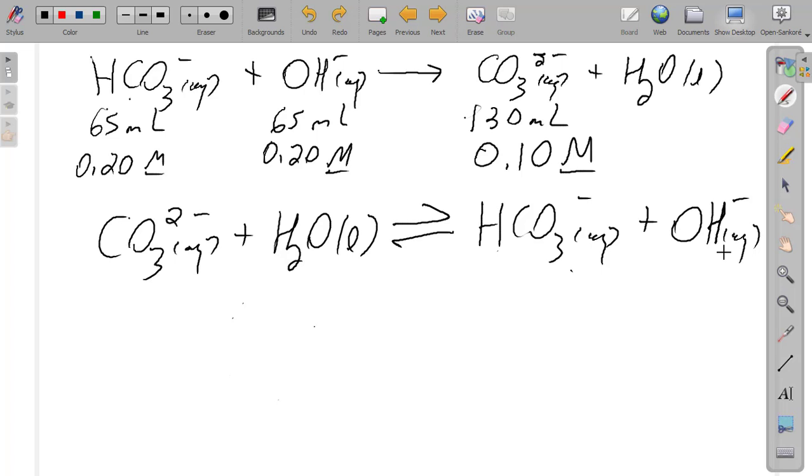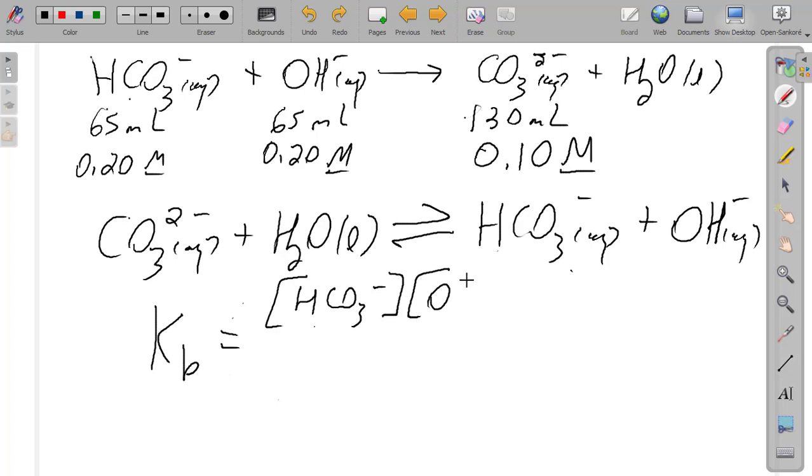Kb. Because we generated hydroxide, we need Kb. So the Kb expression from this equation is going to be the concentration of bicarbonate at equilibrium times the concentration of hydroxide at equilibrium over the carbonate concentration at equilibrium.